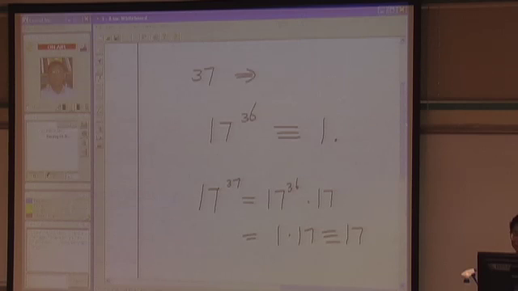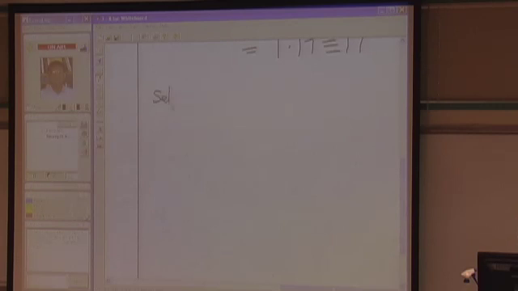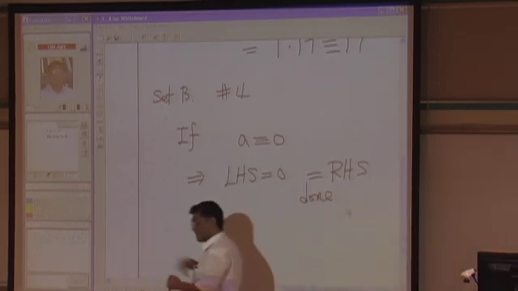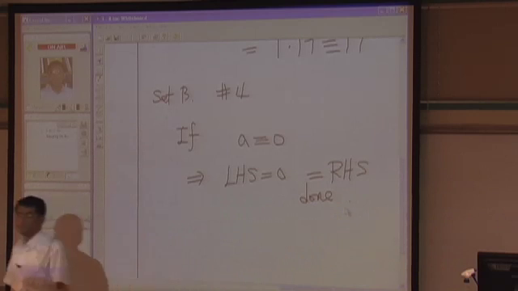If A is congruent to 0, then the left-hand side is 0, and the right-hand side is also 0, so they are equal, done.